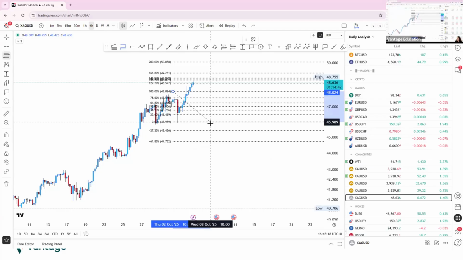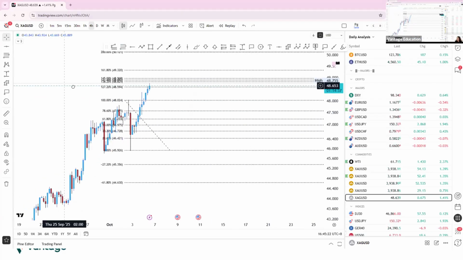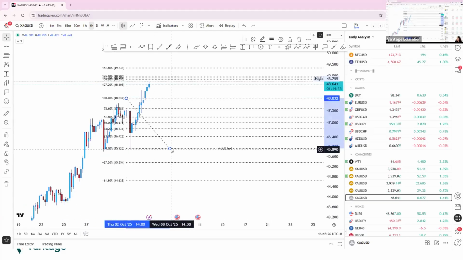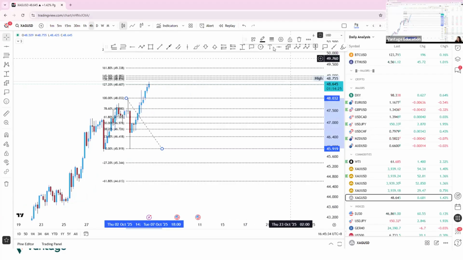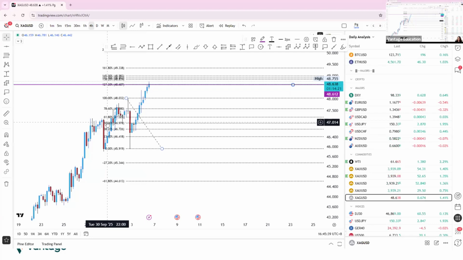Remaining buy entry, aim for 30, 50 pip first, and then another 100 pip, and the last one will be at the ATH. Price was at the extension 127. Okay, 127 here.